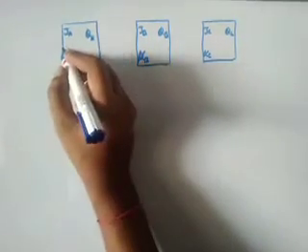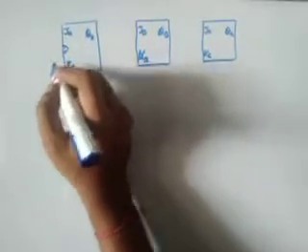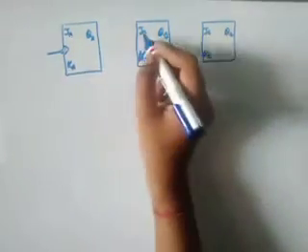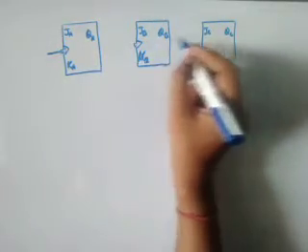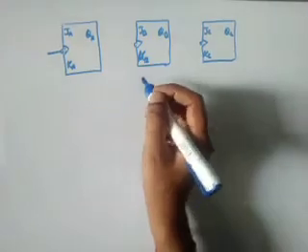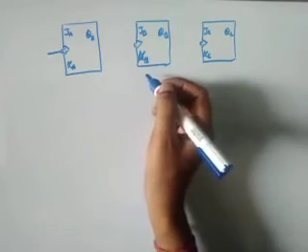Every clock pulse is negative edge triggered, to get rid of the race around condition and get the toggling state.